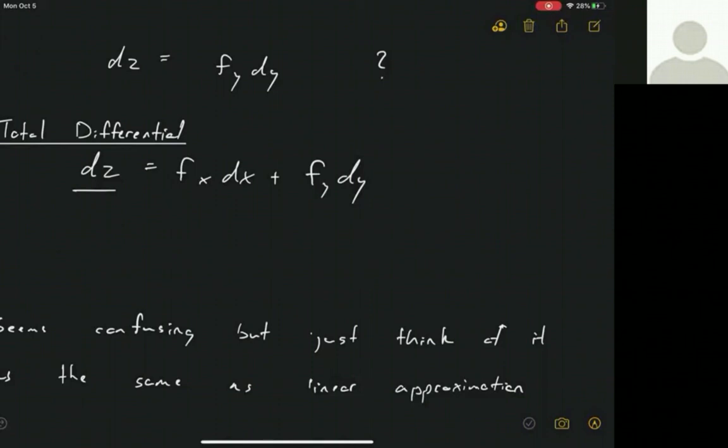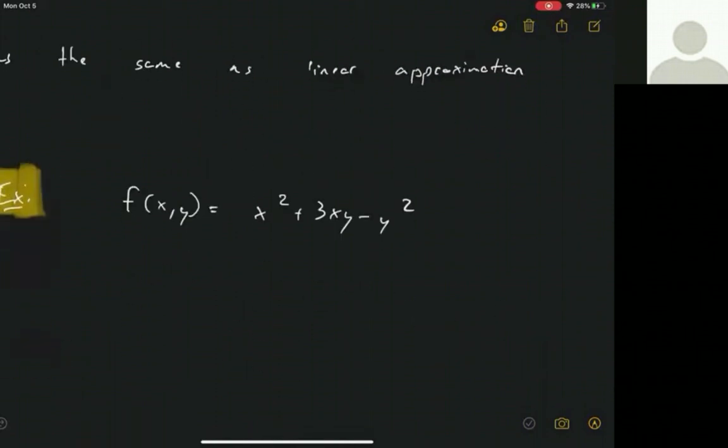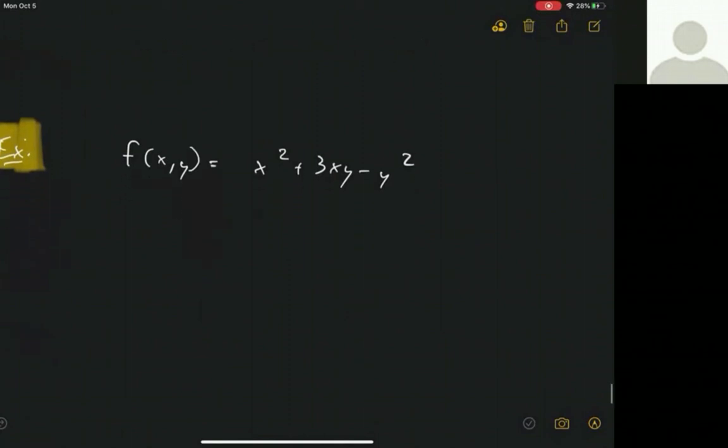So let's see an example of how this would work. Let's first calculate the total differential for this problem here. Okay, what would my dz be? Well, we know from the formula it's f prime of x dx, or maybe delta x is how it's in your textbook, but should be fine. Okay, times, and I shouldn't have f prime of x, I should have f sub x of xy plus f sub y of xy dy.